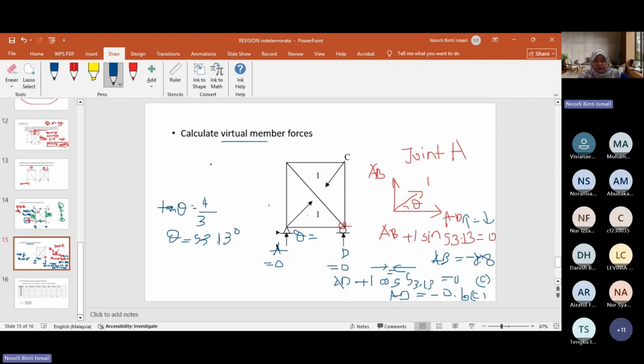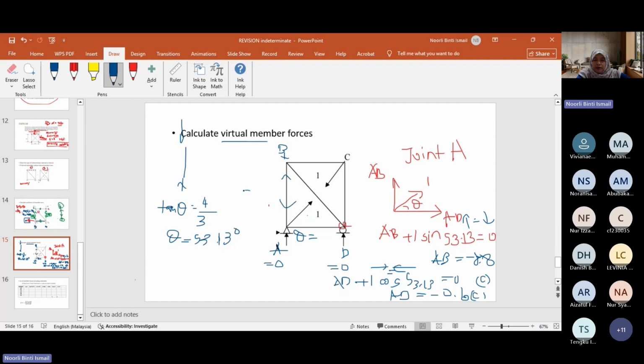So macam mana nak lukis? So AB, this one AB, negative 0.8. Negative, we will compress or compression or tensile will be based on the outer, which is macam ni lah, kan? Macam ni. So this one will be like this lah, direction.